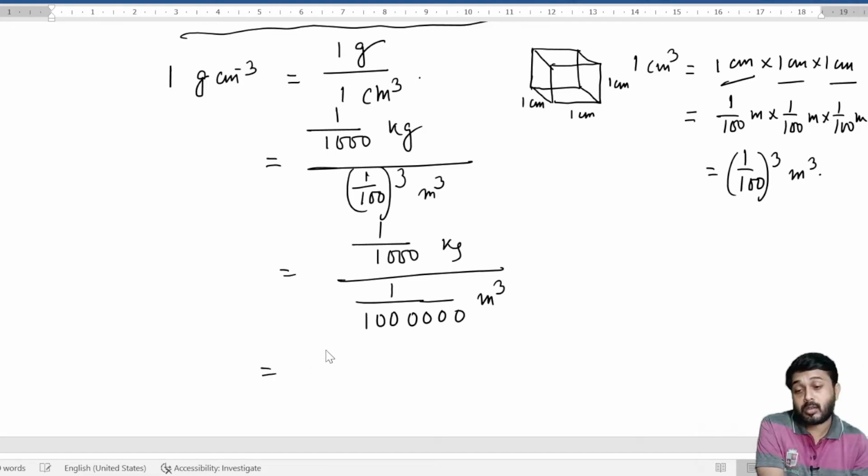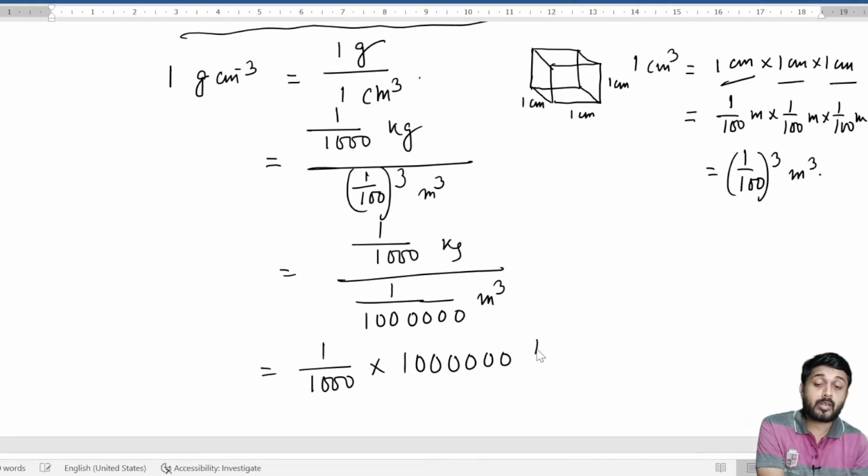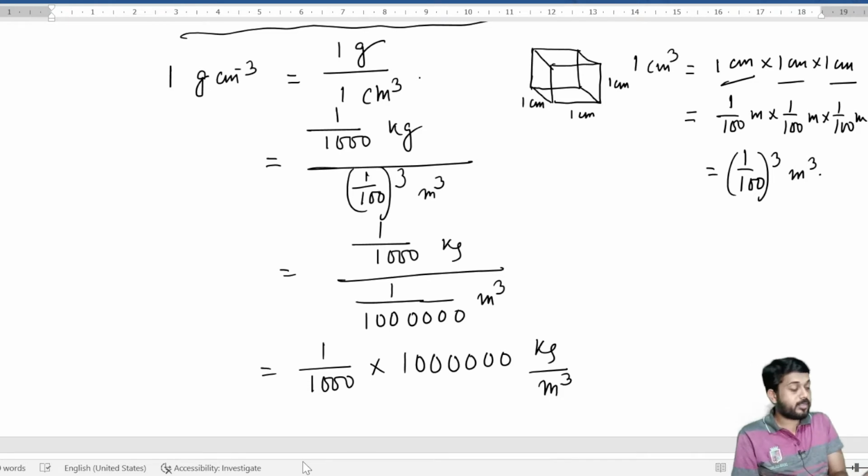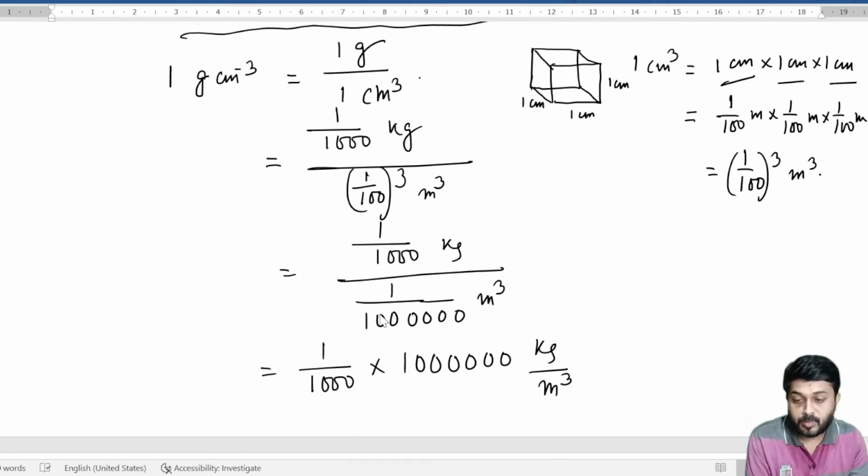Then 1 by 1000 into 10 to the power 6, and the unit has been converted as kg per meter cube. Then 3 zeros are cancelled out, 3 zeros are still left.